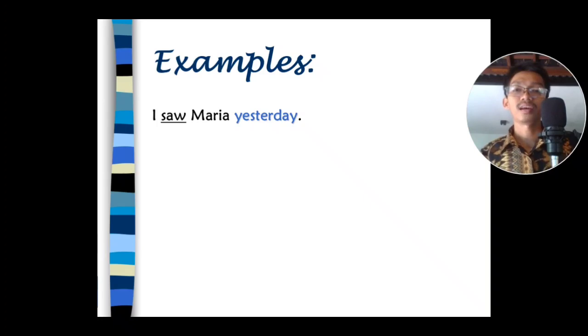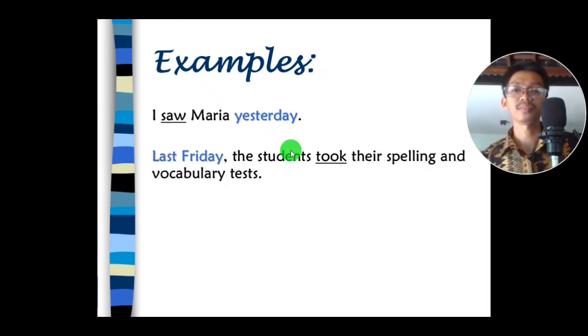Now, I'm going to give you some examples. I saw Maria yesterday. So what is the adverb of time here? Yes, correct. This is the past adverb of time, yesterday. And the other example, last Friday the students took their spelling and vocabulary tests.